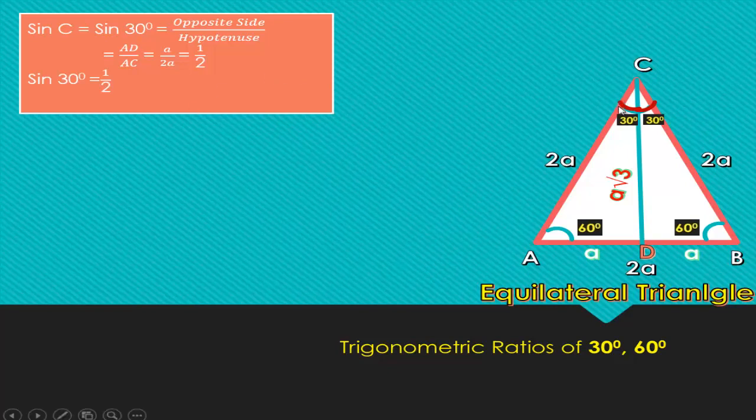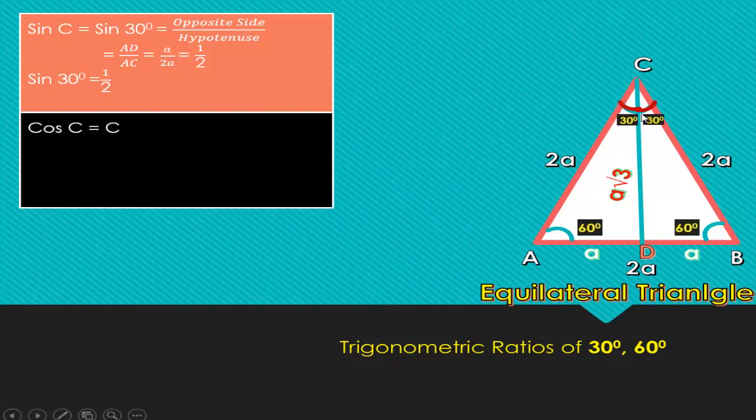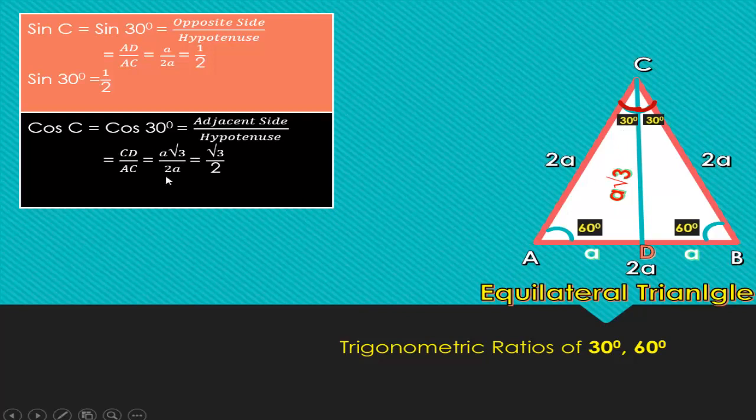Next, cos 30. Cos 30 means adjacent side by hypotenuse, that is CD by AC, that is equal to, CD means A root 3 and AC means 2A. A root 3 by 2A, A gets cancelled, it remains root 3 by 2. Therefore cos 30 equal to root 3 by 2.